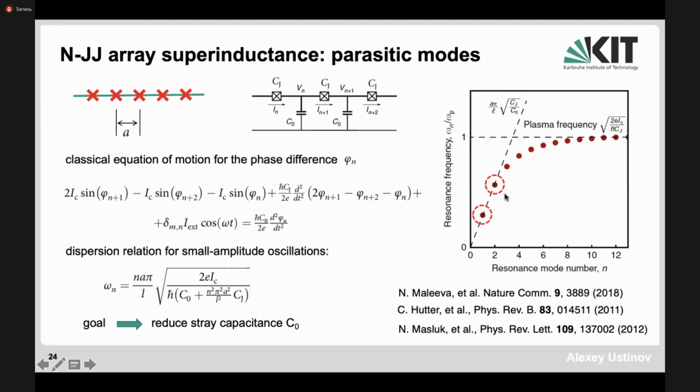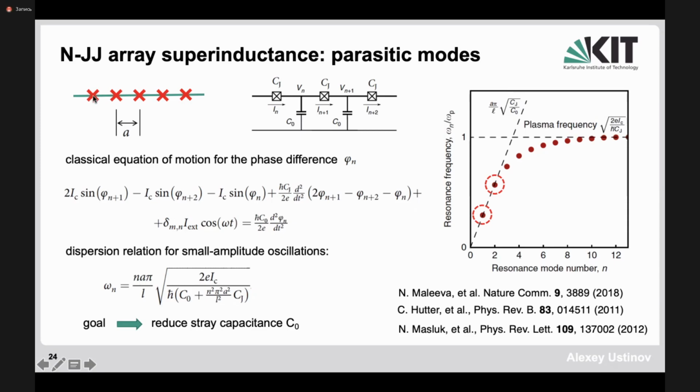Then the system of equations becomes linear, and one obtains the classical eigenmodes for the system. Of course, it's not a quantum problem; it's simply a classical problem, electrodynamics. And these eigenmodes are given by this formula. The mode has an index n.